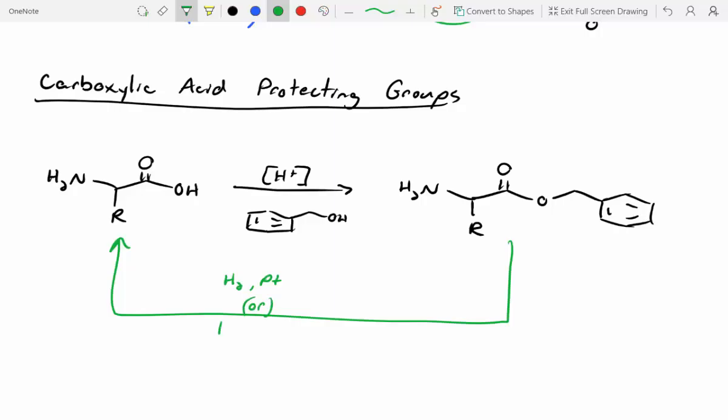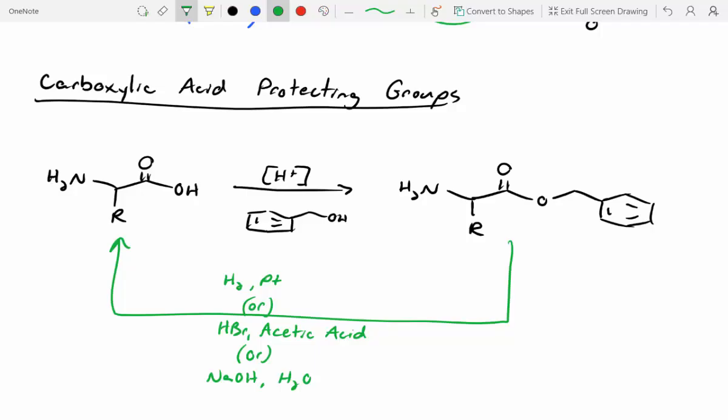The next one is HBr and acetic acid. That works pretty nicely as well. Or you can do sodium hydroxide and water. So this is a really versatile protecting group, and it's really easy to remove when you want to. However, it won't fall off under normal peptide coupling conditions.